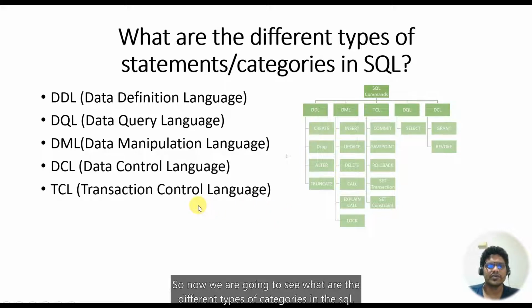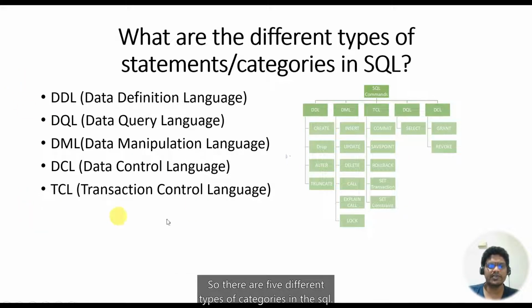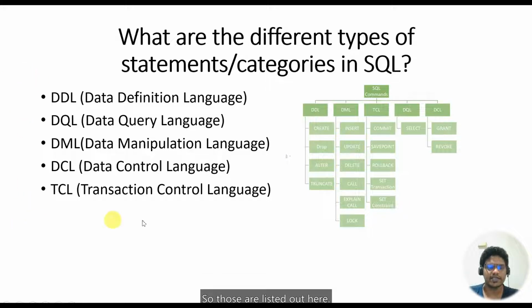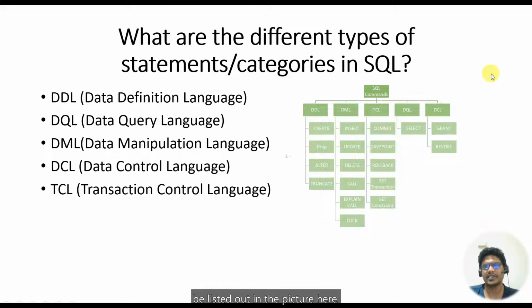Now we are going to see what are the different types of categories in SQL. There are 5 different types of categories in SQL, and those are listed out here. Those are Data Definition Language, Data Query Language, Data Manipulation Language, Data Control Language, and Transaction Control Language. For each category, the operations covered are listed out in the picture here.